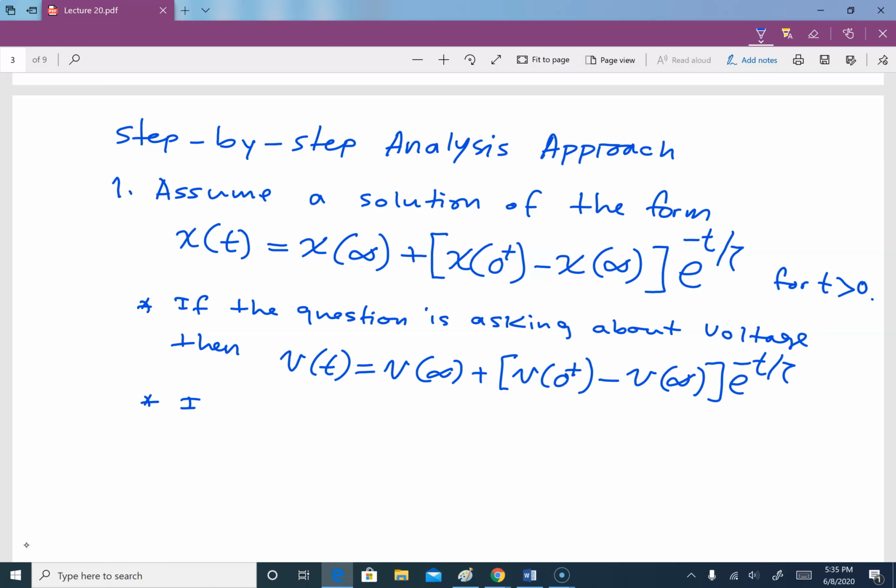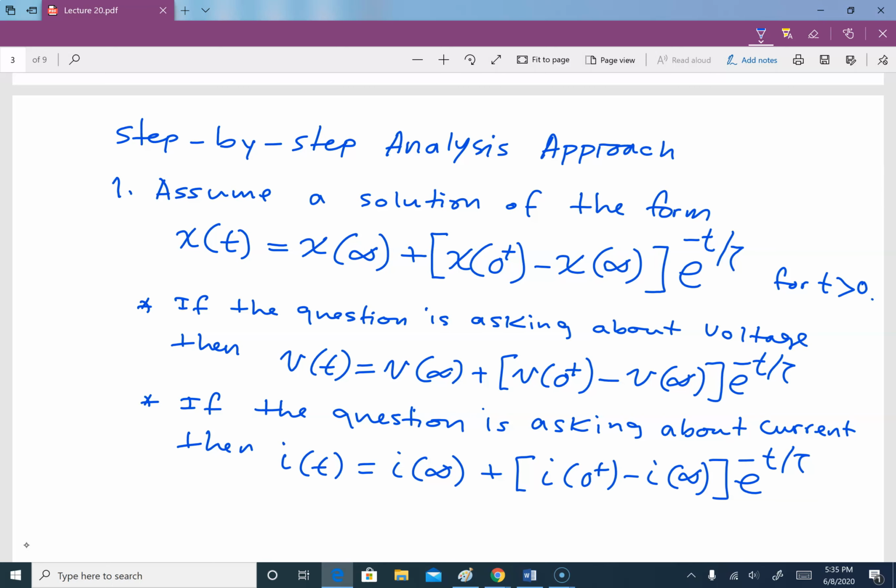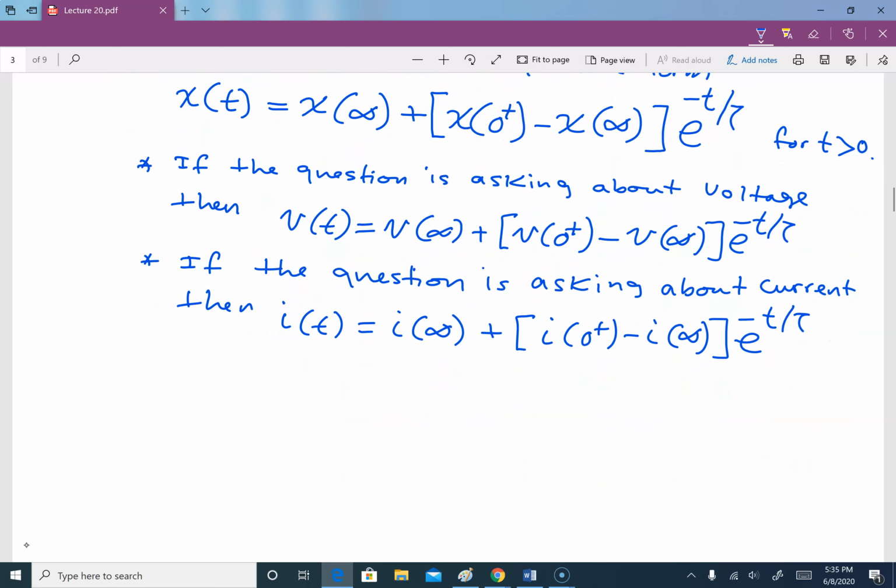And if the question is asking about current, then I of t is equal to I of infinity plus, I of 0 minus I of infinity, multiplied by exponential of negative t over tau. That is the first step, so we assume the solution.